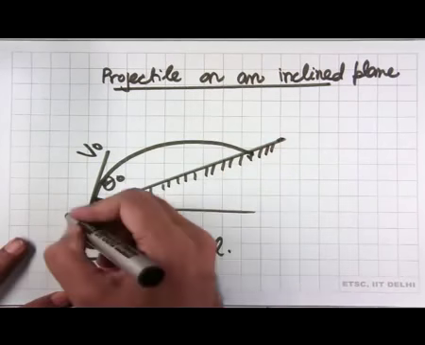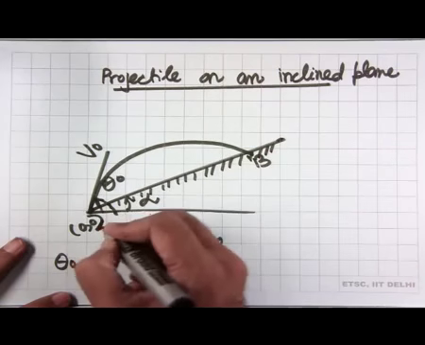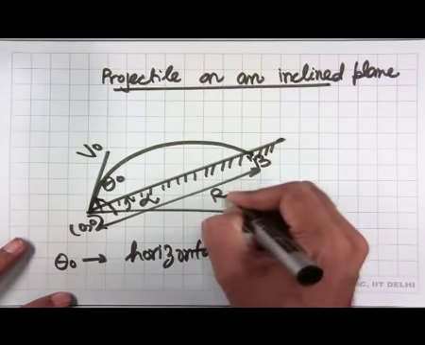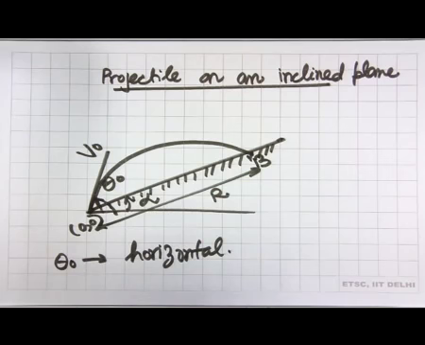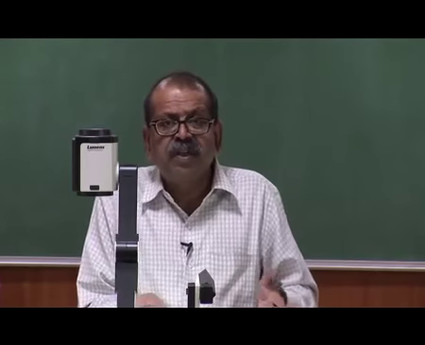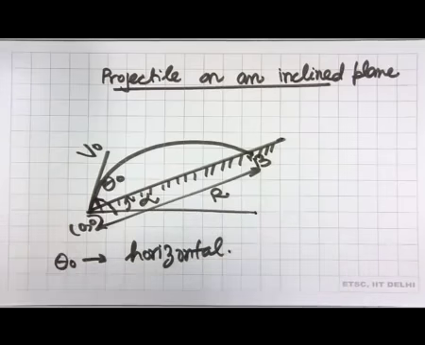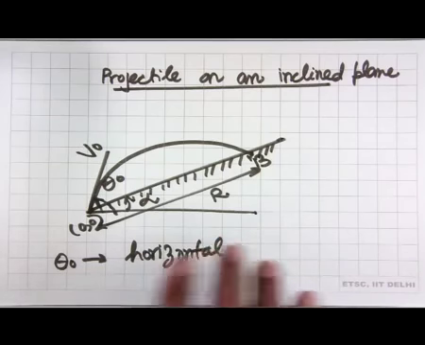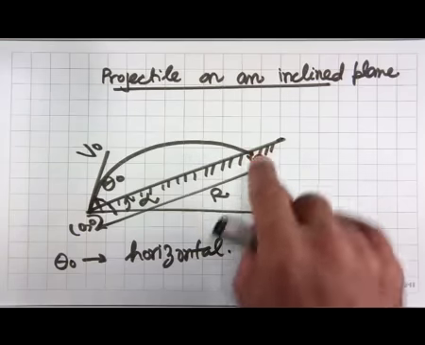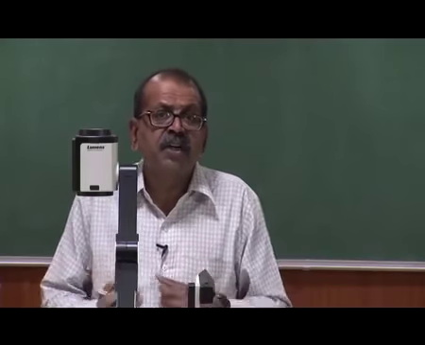Let this be the point B, and let us call this distance the range. Notice this range is different from the earlier problem, because in the previous cases the point where it hit the ground was at the same level. Now, the projectile is hitting at a different y level as compared to the starting point.